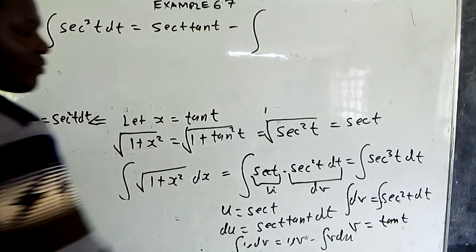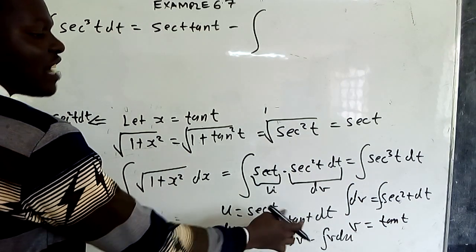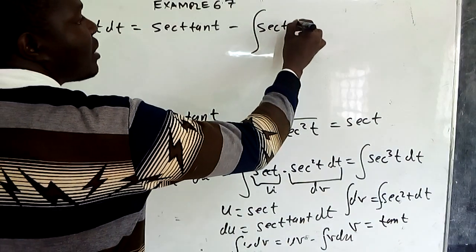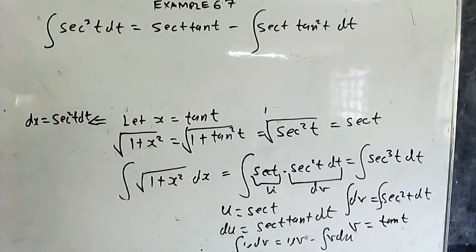What is v? v is tan t, and du is sec t tan t, meaning we have tan squared t now, isn't it? So it is now sec t tan squared t dt. Are we together?